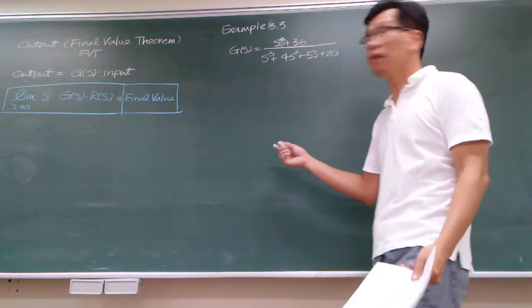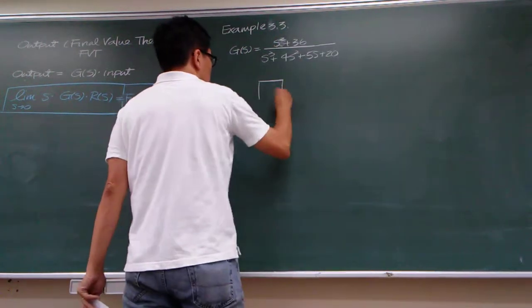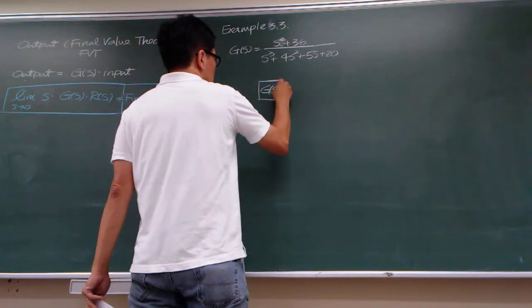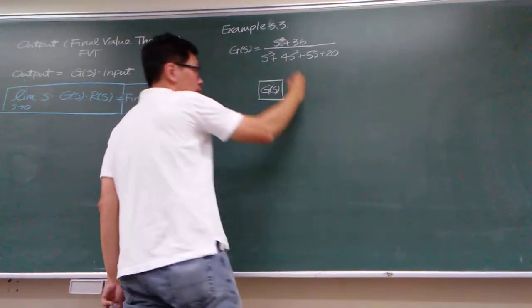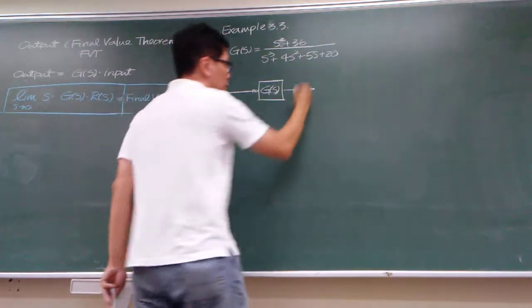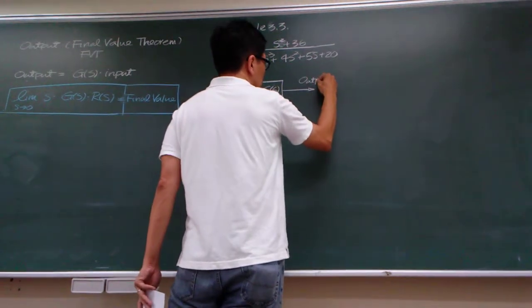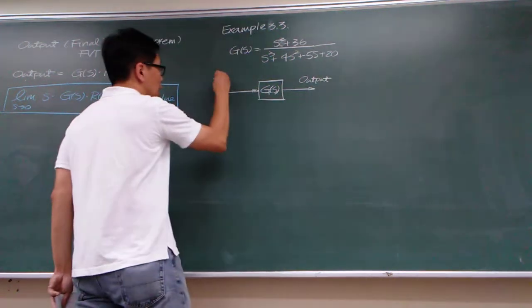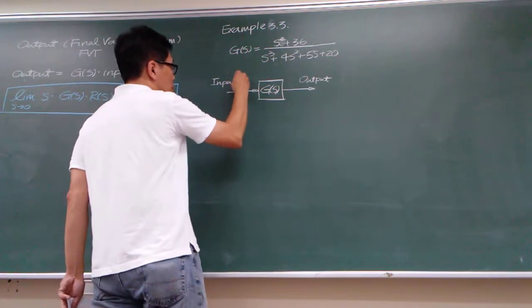So pretty simple, right? Because I know this is my plant or my mechanical system. What is my goal? I try to find my output. And I would like to know what's my input.